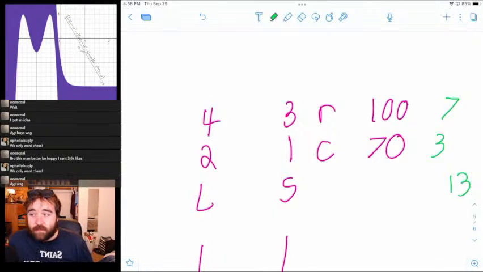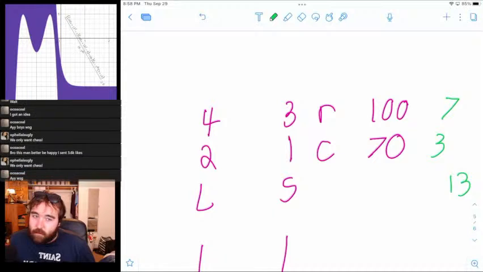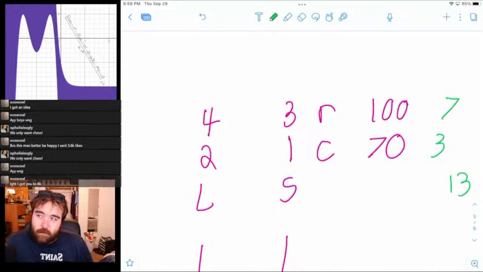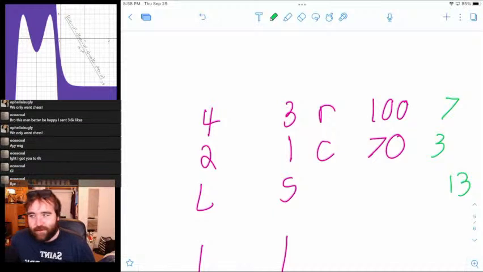Based on how many resistors they have, how many can they make? Hold on, 28. No, that's not the answer, and you don't need a calculator.